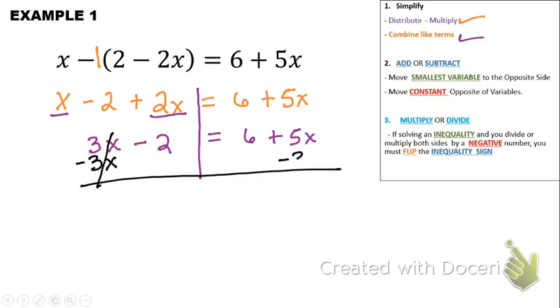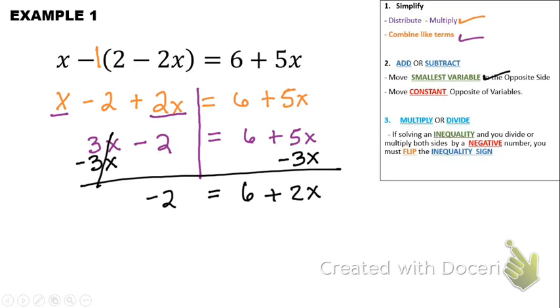I will place this underneath the 3. And let's write our end result. So we get negative 2 comes straight down, 6, and then 5 minus 3 is 2. So we moved our variables to the opposite side.